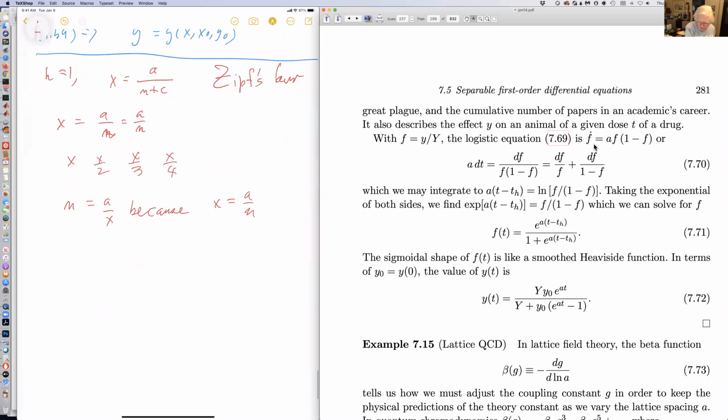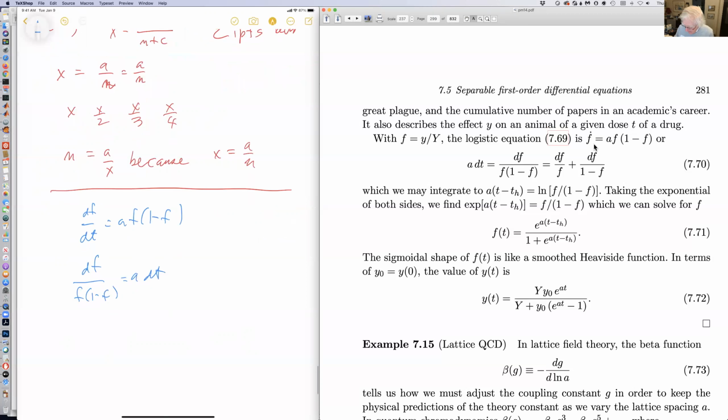So in other words, what we have here, let me shift to maybe blue again, is df dt equal to af times 1 minus f, and so we write that as df over f times 1 minus f is equal to a dt. And this thing integrates to, of course, at minus some constant, which I called th for some reason.